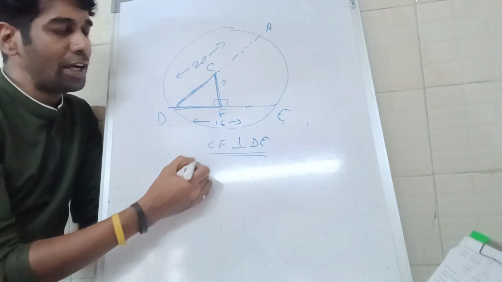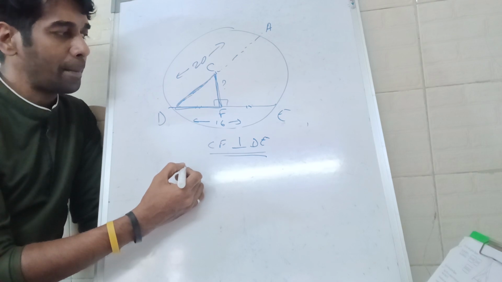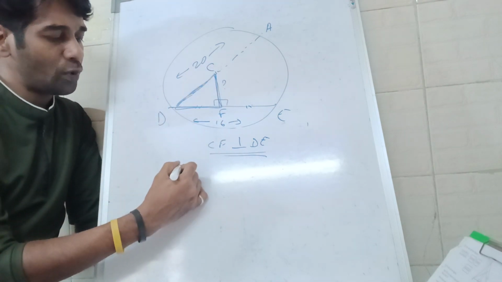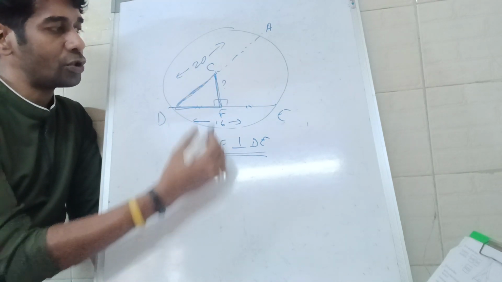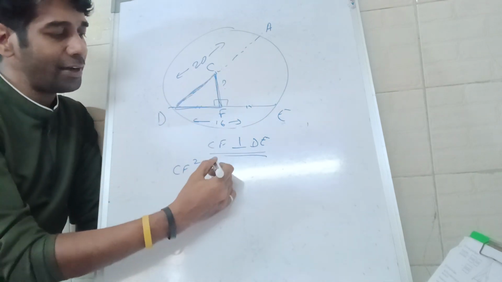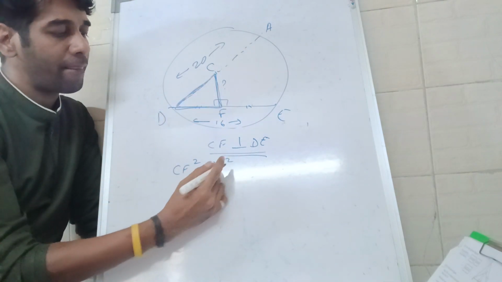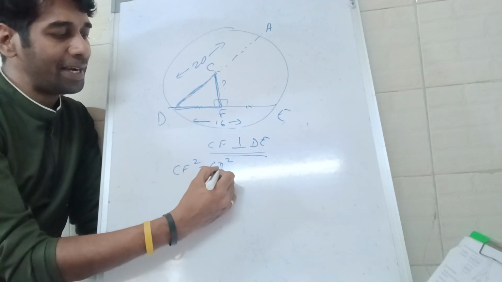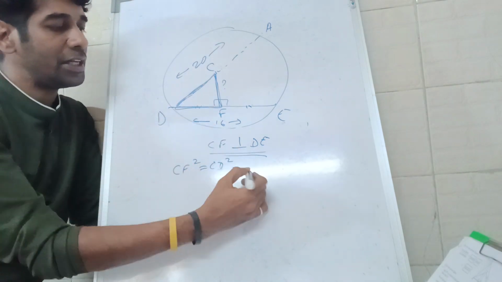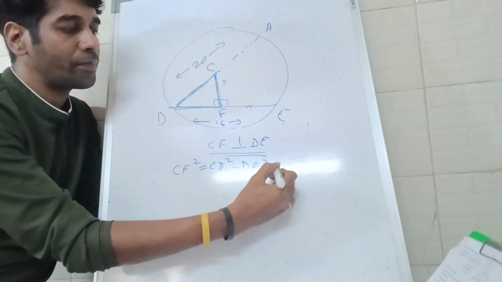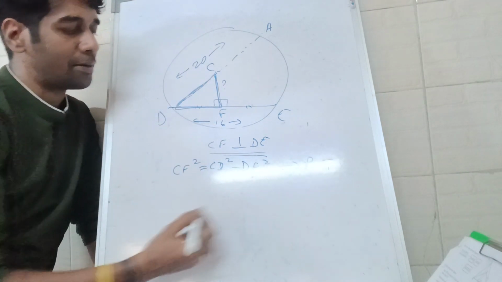Once I get the perpendicular, I can use Pythagoras theorem. So I'll say CF square is equal to CD square minus DF square by Pythagoras theorem.